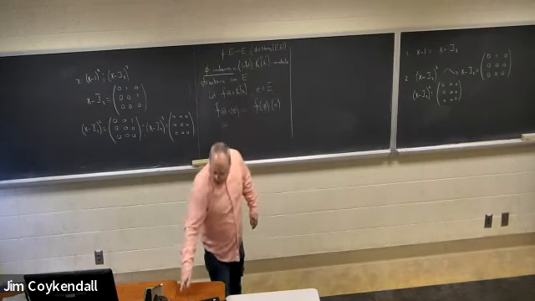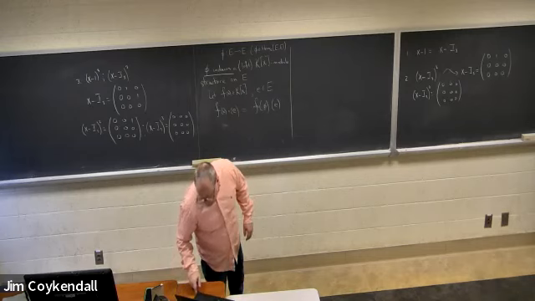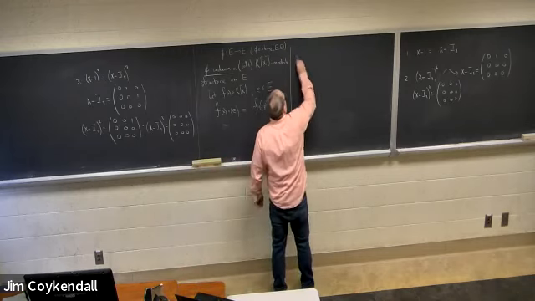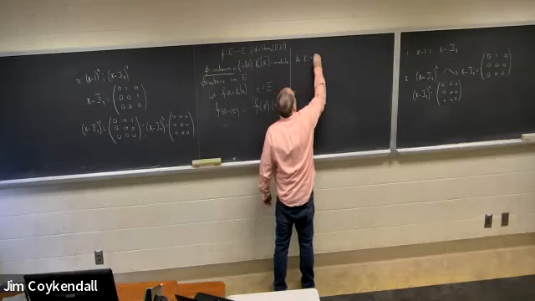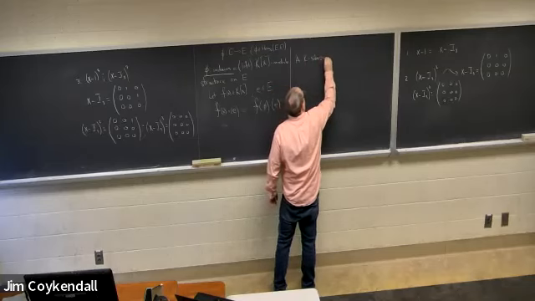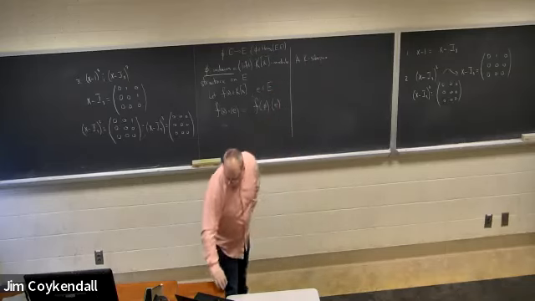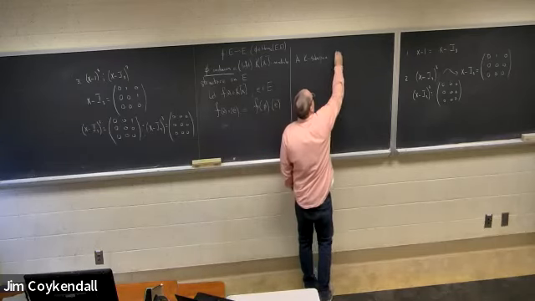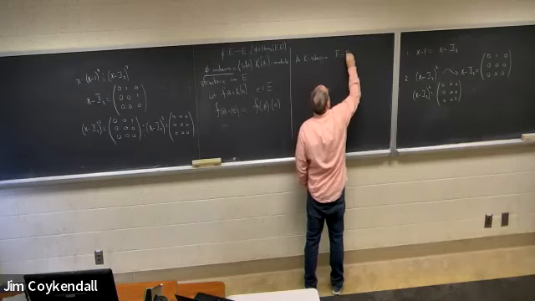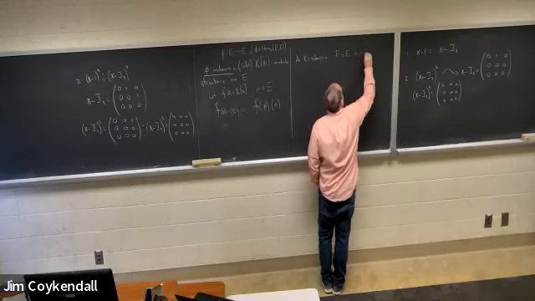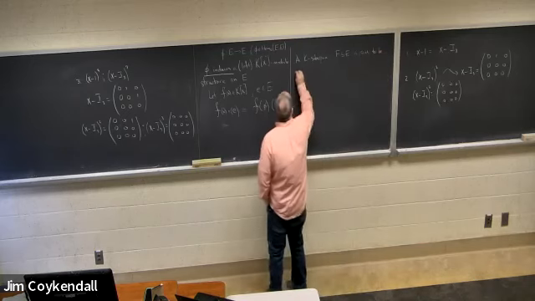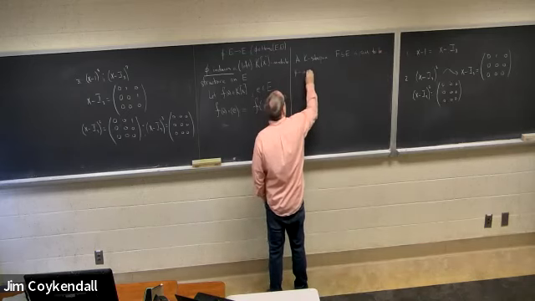Now, I am going to give you a couple of definitions here. A K subspace F of E is said to be phi invariant.